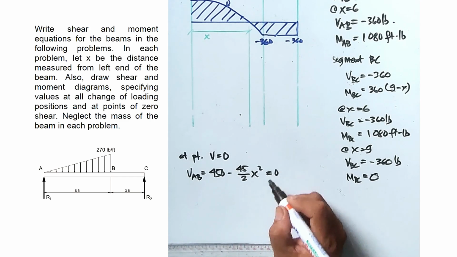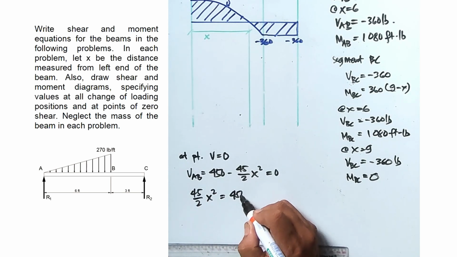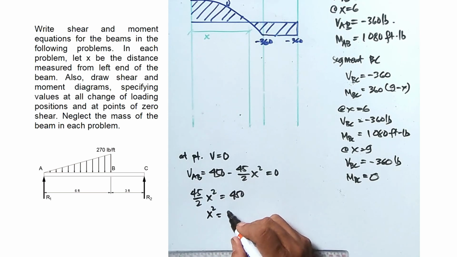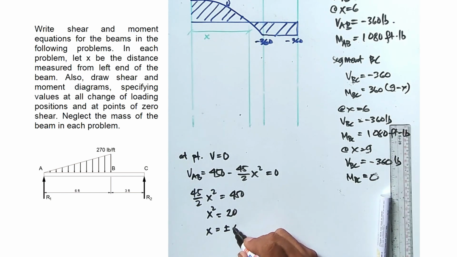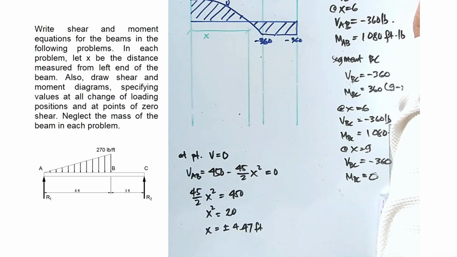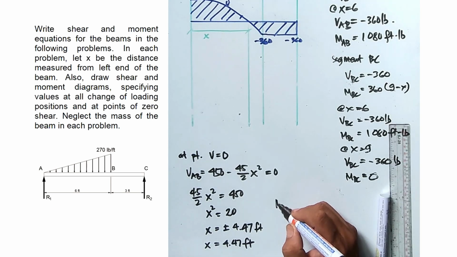We are going to equate this to 0. So 45 over 2 x squared is 450. 450 divided by 45 is 10, times 2, x squared is 20. That means x is plus or minus the square root of 20, which is plus and minus 4.47 feet. Since the range for x is 0 to 6, the correct value for x is the positive 4.47 feet.